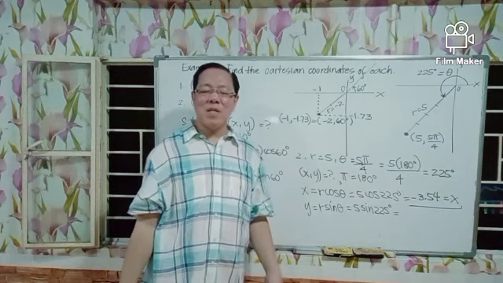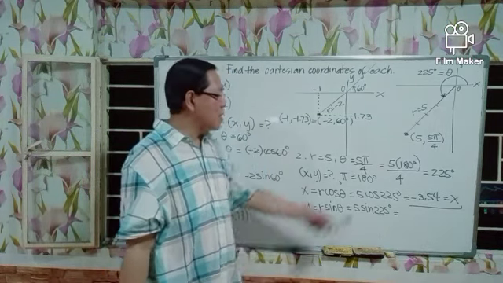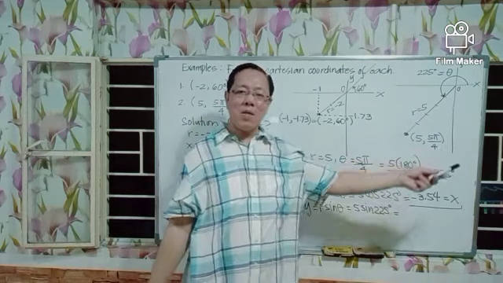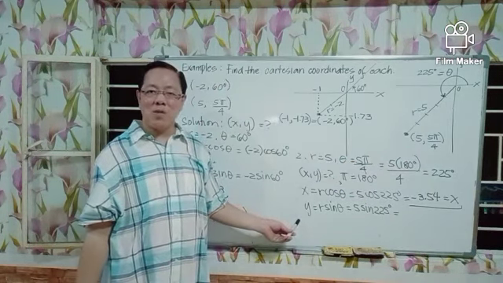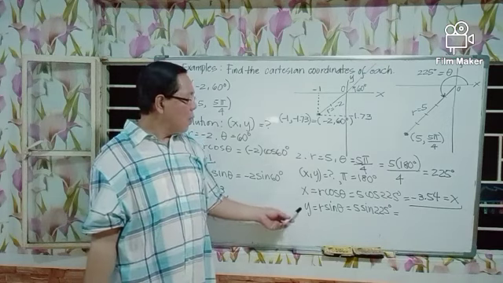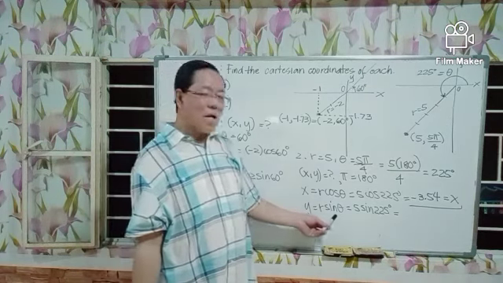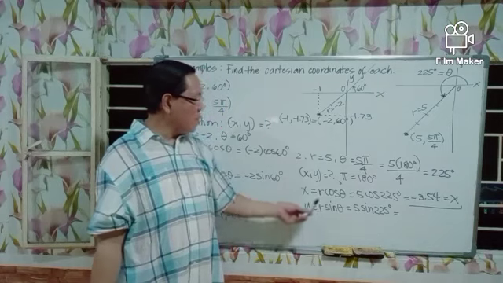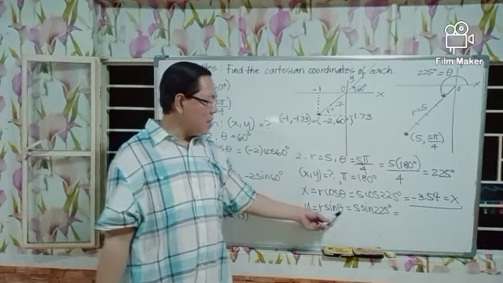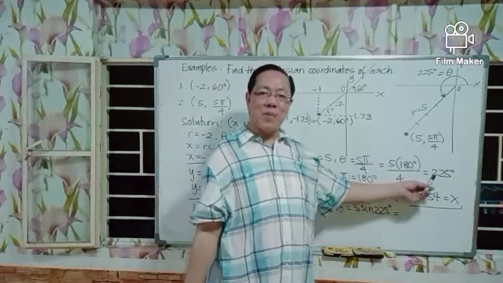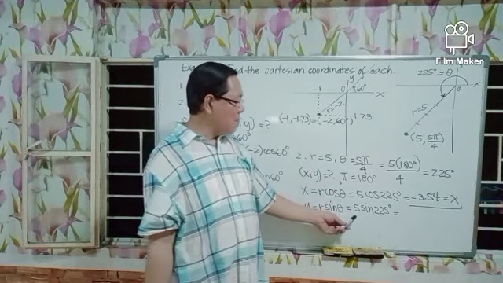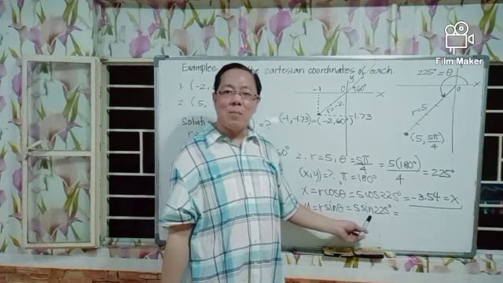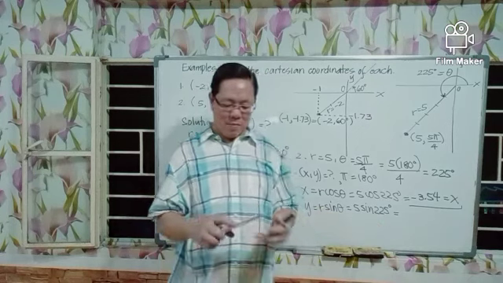We now find the value of y, the ordinate of this point with this given polar coordinates, using the formula we derived earlier from the sine function of acute angle theta. Y equals r multiplied by sine theta. We replace r with 5 and theta in degrees is 225 degrees. So we calculate using our calculator 5 multiplied by sine of 225 degrees.